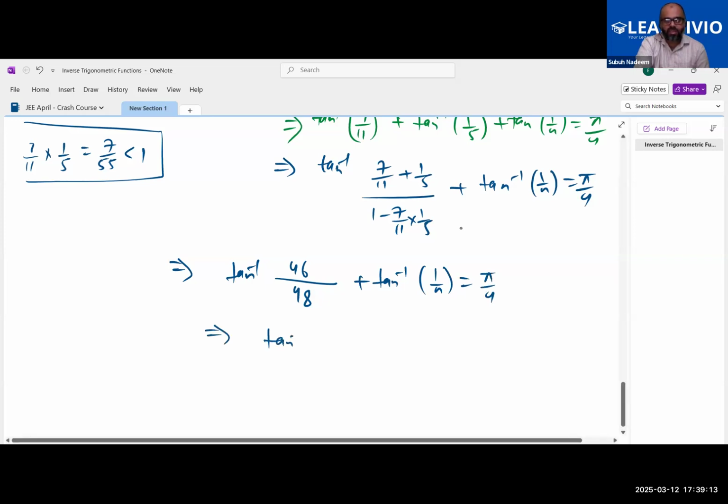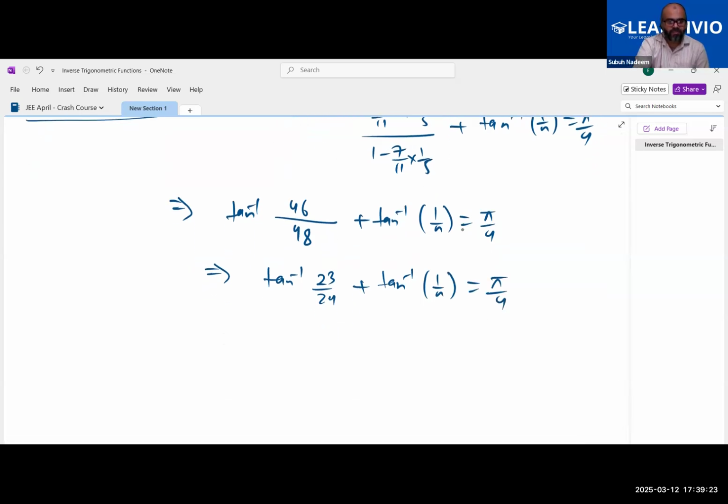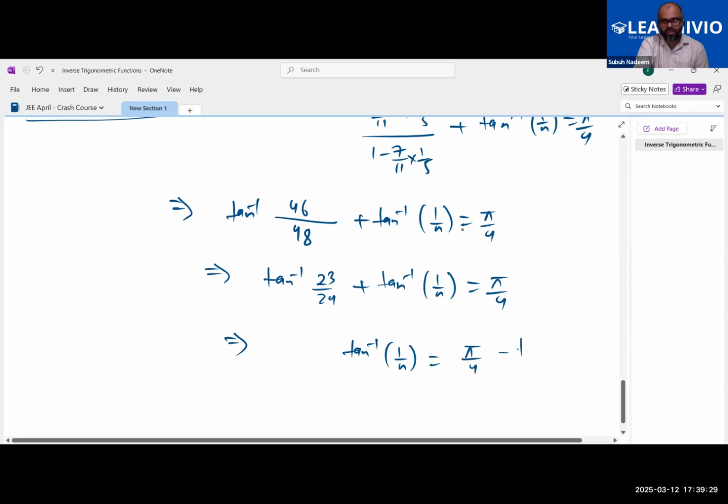Now 46 by 48 is 23 by 24, so tan inverse 23 by 24 plus tan inverse 1 by n is equal to pi by 4. So we write tan inverse 1 by n is equal to pi by 4 minus tan inverse 23 by 24.